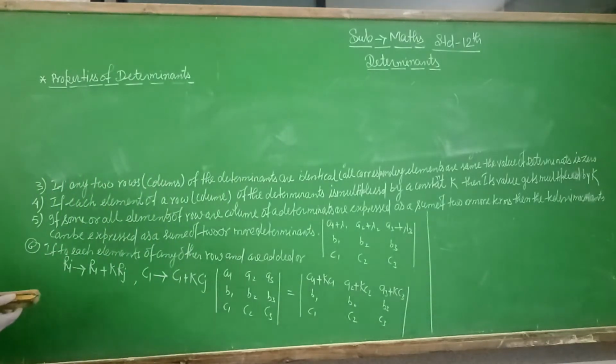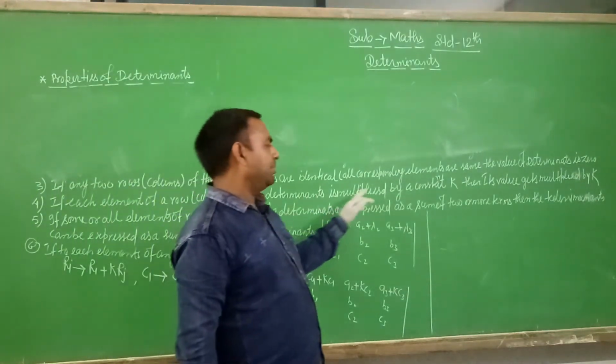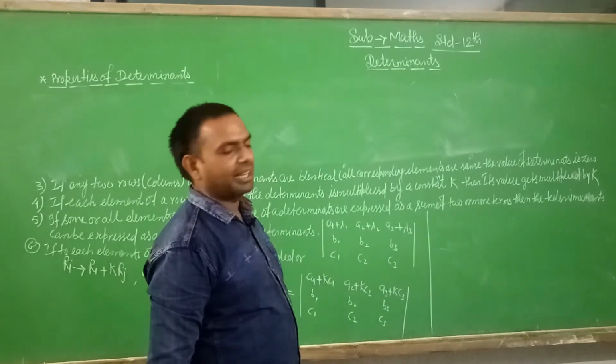Next, the fourth property: if each element of a row or column of a determinant is multiplied by a constant k, then its value gets multiplied by k.